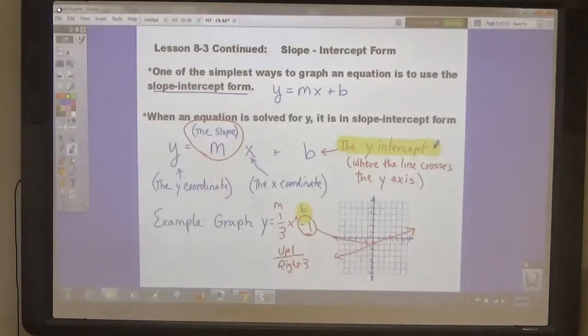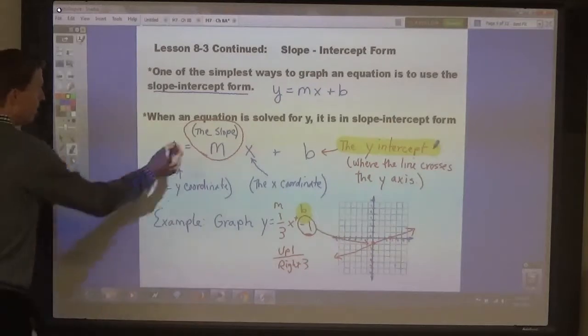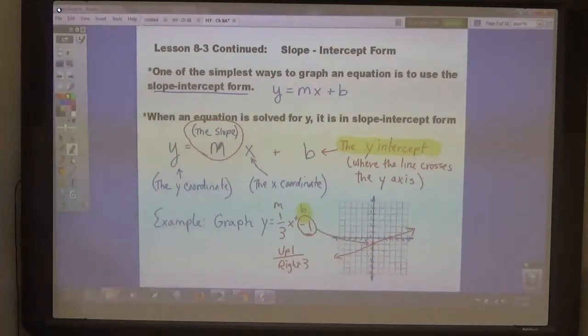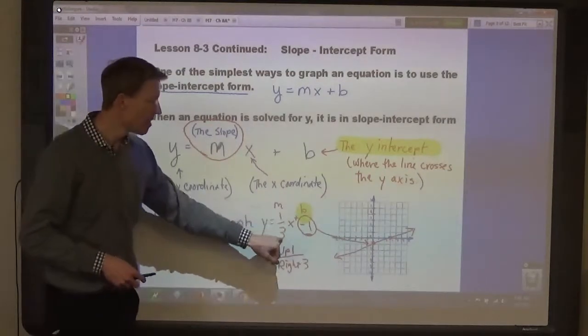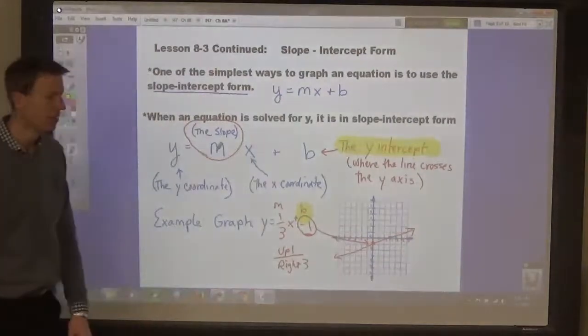What is m? Roy? Is it the slope? Yes. M equals the slope. Okay? So the slope is positive 1/3. It's going to go up to the right.